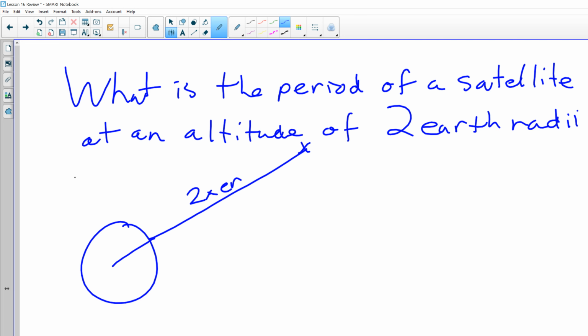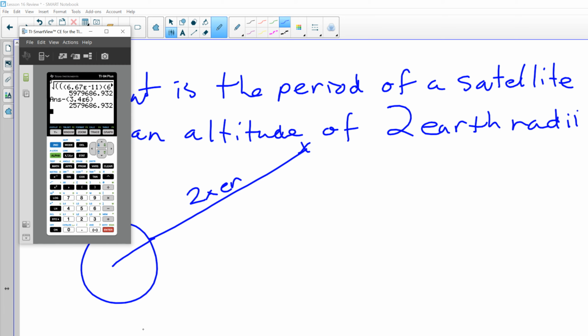So my orbital radius will be 3 times the Earth's radius, which will simply be 3 times 6.37 E6. So 1.911 times 10 to the 7.